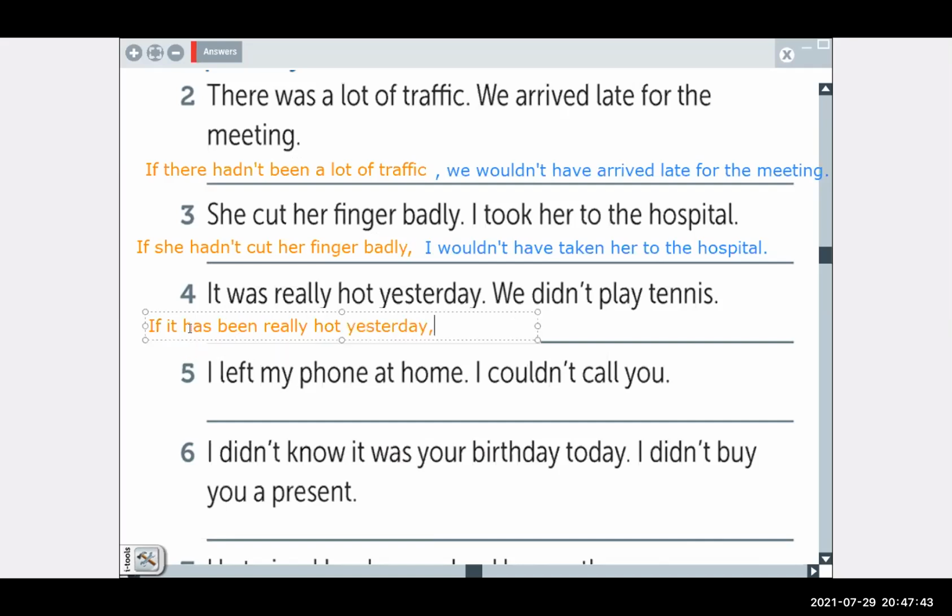I don't know. Ocupamos el past perfect, remember, not the present perfect. Okay, sorry, had been. The rest of the sentence is, we couldn't have played tennis.